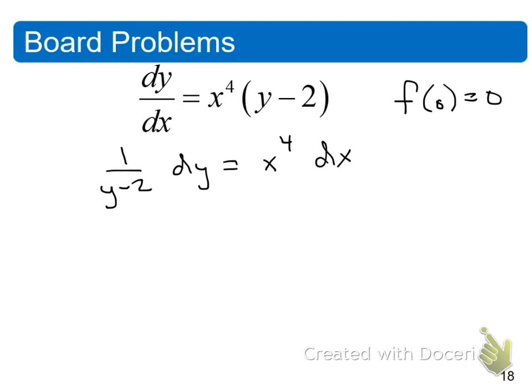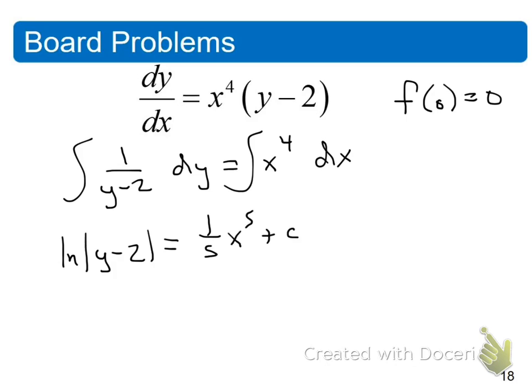Okay. Separated. Integrated. What's the antiderivative of 1 over y minus 2? Hopefully you got it down now. ln of y minus 2 equals 1/5 x to the 5th plus c. We separated, we integrated, we need to solve for y, bring e into both sides.